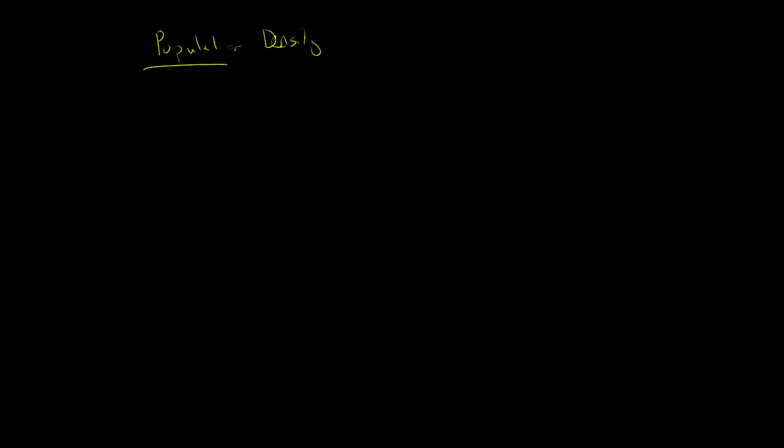And so population is people per square mile. And these are units. So the definition of the word tells me what I need to do. I need to take the number of people and divide it by the square miles they're in.